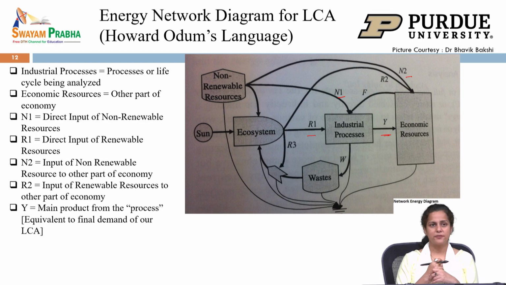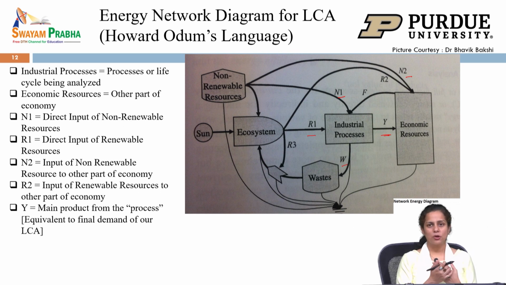So, remember we had this final demand for our LCA or the final demand for our economic input output LCA. So, once you have this kind of network diagram in your view, you can understand that the whole life cycle of your system is interacting with the economy and the availability of renewable and non-renewable energy sources that we are extracting. Of course, the waste is going in the waste box.